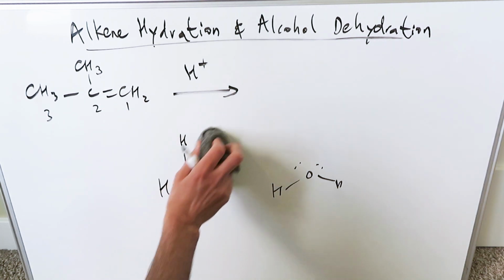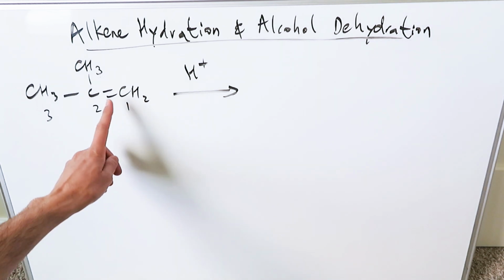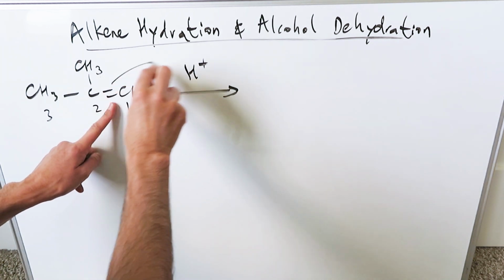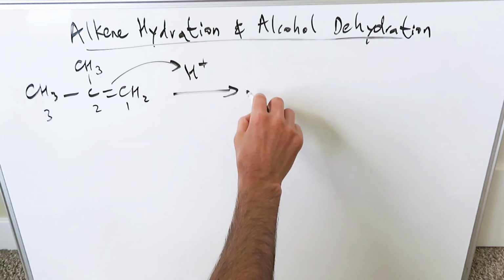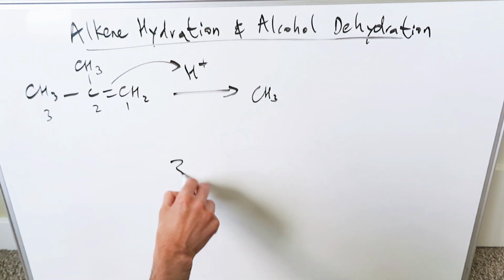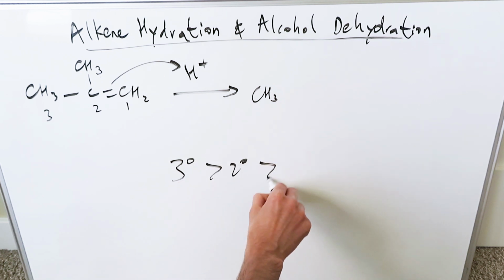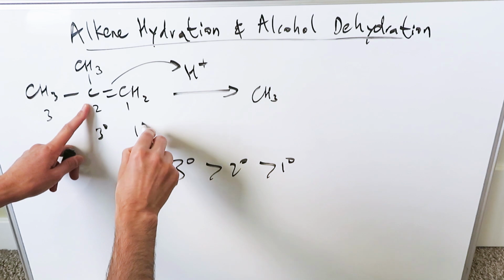You have the pi electrons over here from your alkene double bond, in essence behaving as a nucleophile. This is behaving as a nucleophile, and it is going to attack that. Now you're going to do your addition in the proper manner such that you develop a carbocation that's stabilized better, tertiary over secondary over primary. You look over here, you have a tertiary carbon here, you have a primary carbon here.